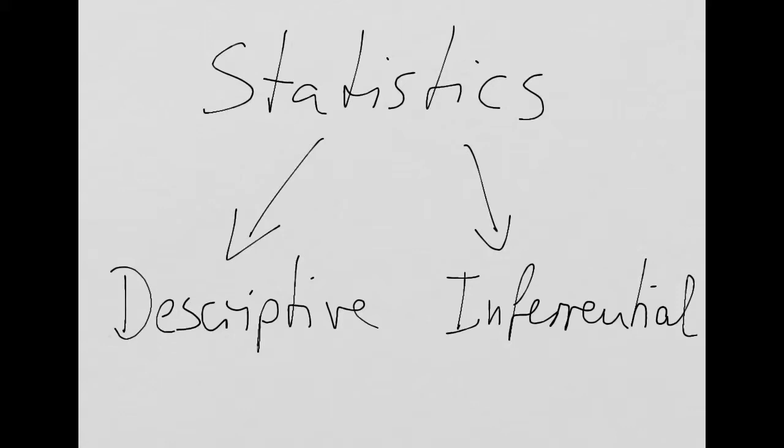And we are going to do both in the next few weeks. I will introduce you to the concept of descriptive statistics. And then once we've done that more or less, we will discuss inferential statistics.